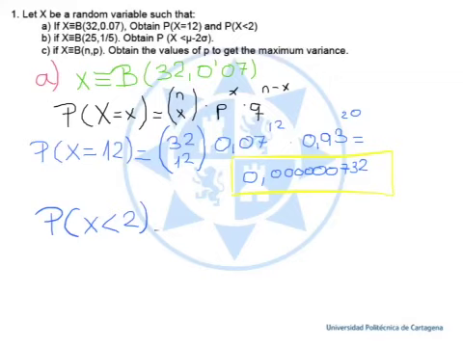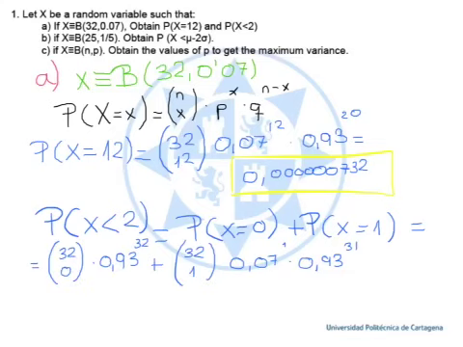We know that this is equal to the probability that X is equal to 0 plus the probability that X is equal to 1. So, as we did in the previous part, we are going to do the same procedure.